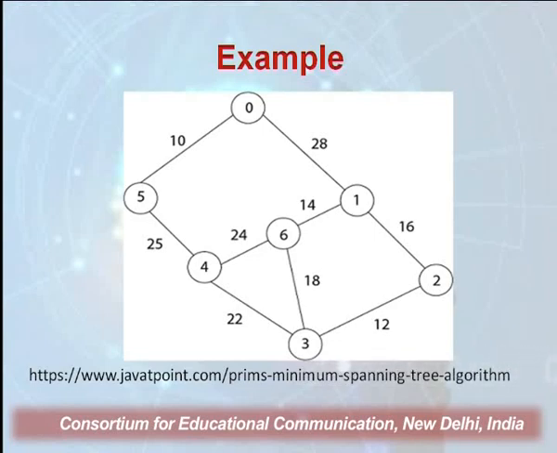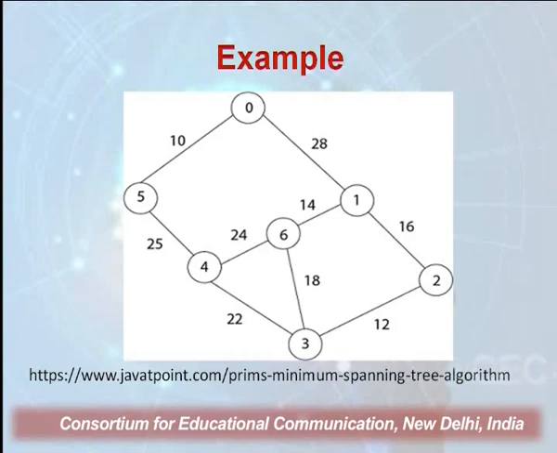Now within the min priority queue, we will arrange all the vertices, and the parent of all the vertices will be set as nil, and the key of all the vertices, because it is a minimum priority queue, has to be there.